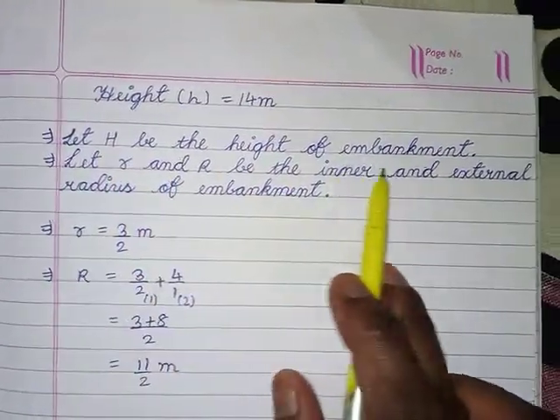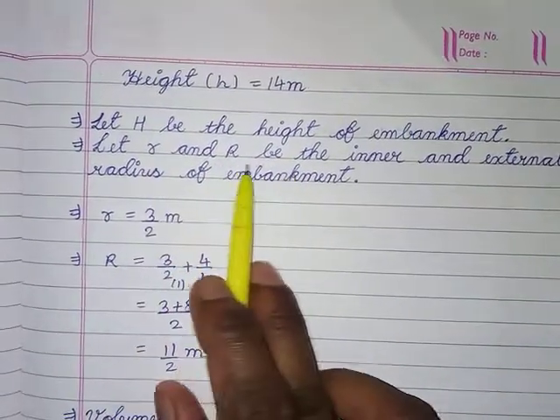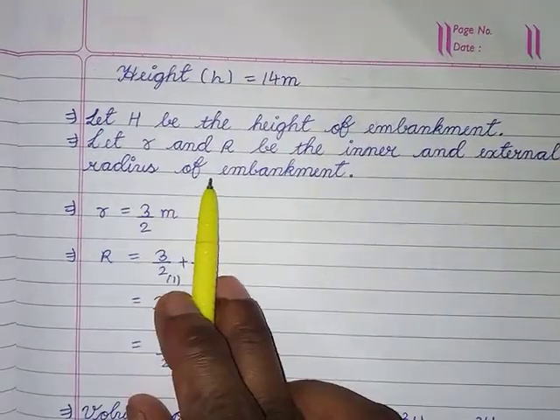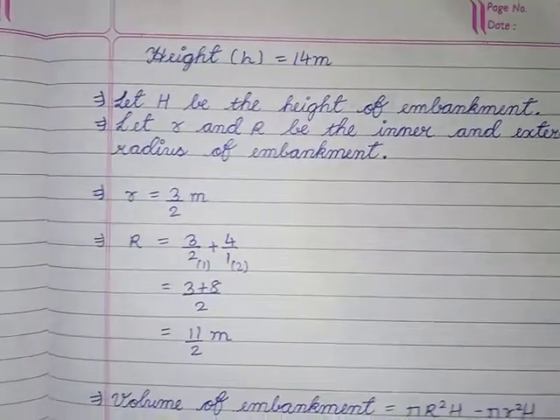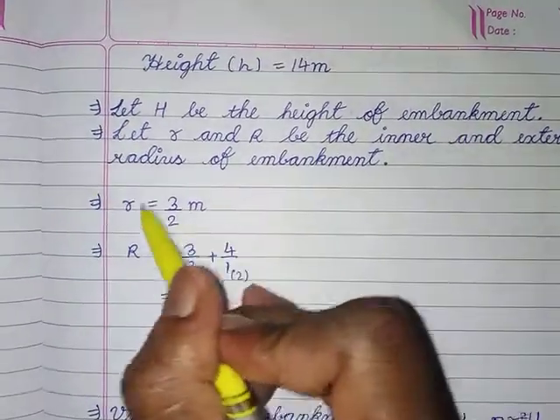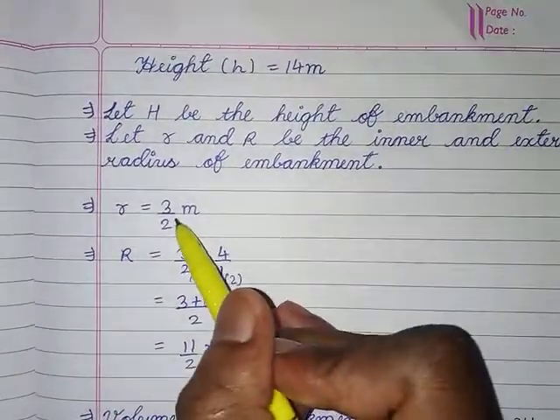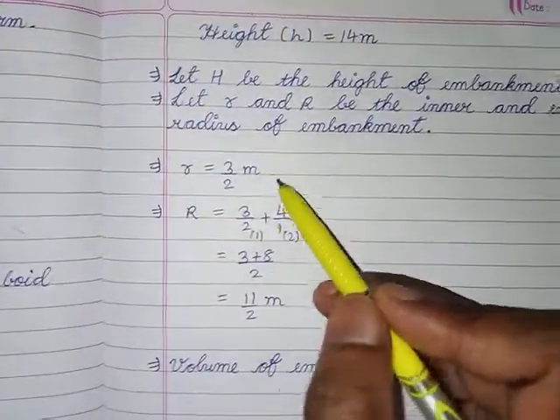Let h be the height of the embankment. Let small r and capital R be the inner and external radius of the embankment. The internal diameter is given, which is of the cylinder, the well only. Got it? Which is spread around it. So this hole is known as a well, and the embankment is around it.